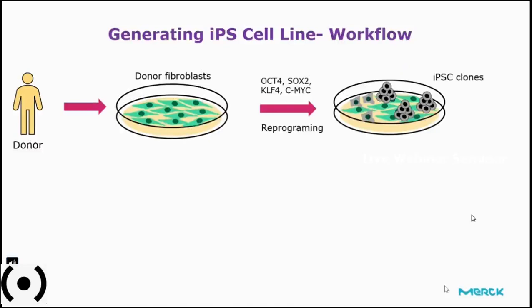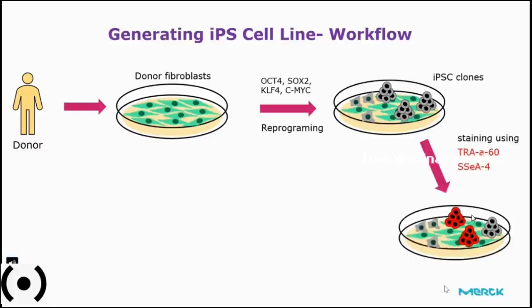Some cells start growing in colonies, right? Then you can stain live with TRA-1-60 or SSEA4 dyes, which specifically stain the induced pluripotent stem cells. And then you can pick those colonies and expand them.